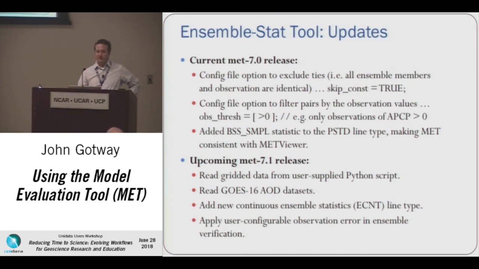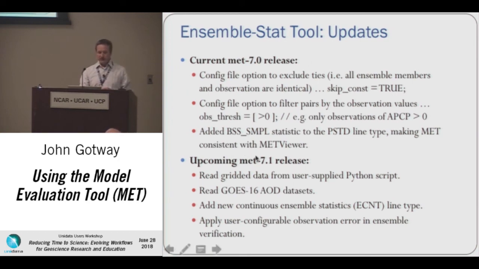So if you say skip constant is true, you can throw out all those points from your analysis. You can also do something called conditional verification, where we have the observation value for each point and n ensemble members, and you could say, well, I only want to evaluate where my observation is greater than 0, or maybe if I'm evaluating temperature, I want to condition my data and only look at the cases where the observation is greater than freezing, something like that.